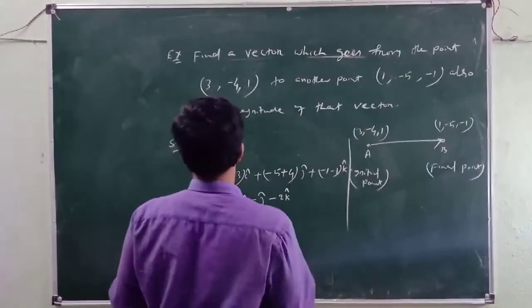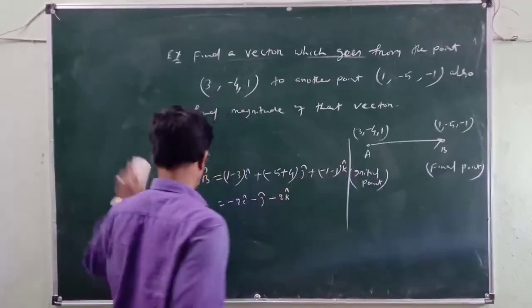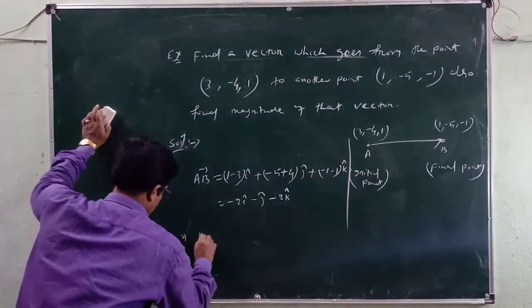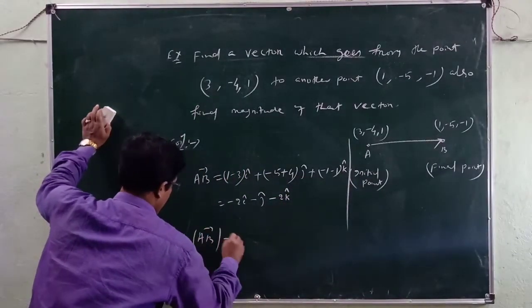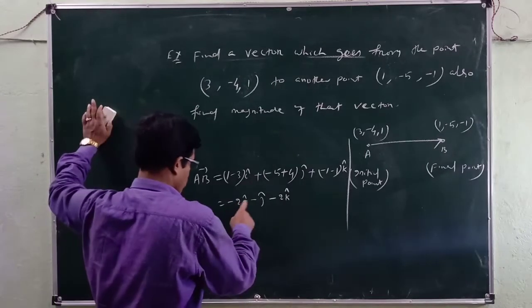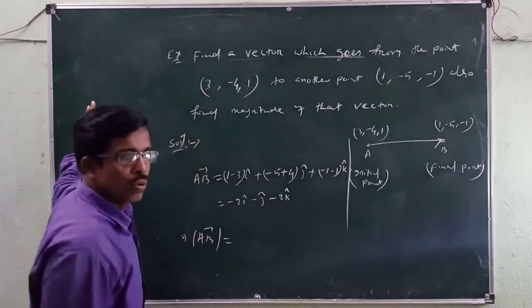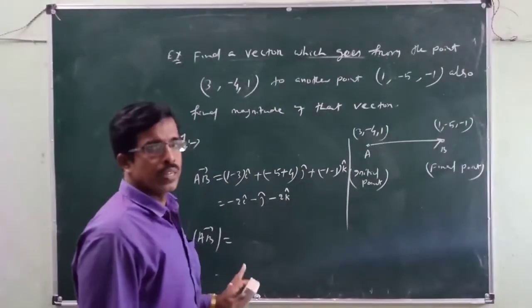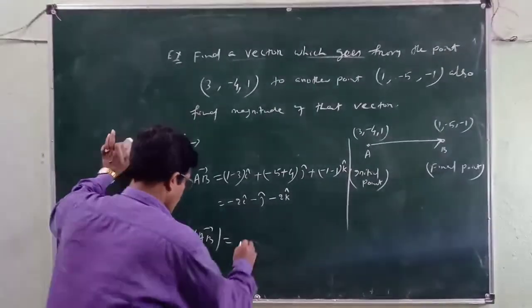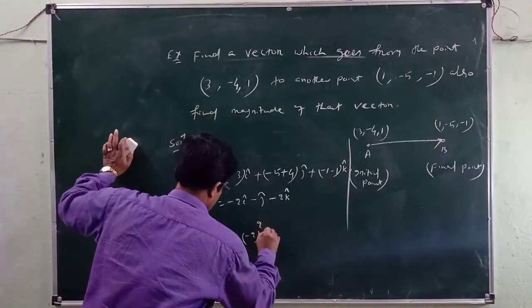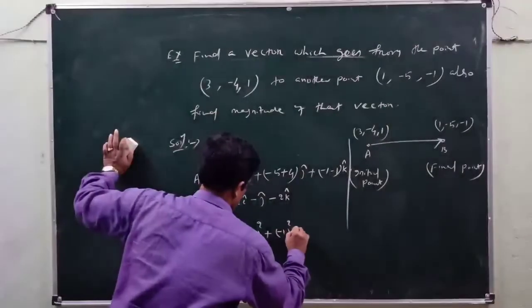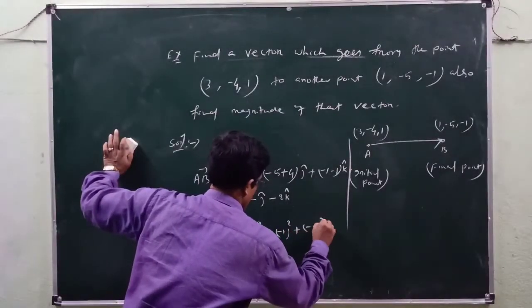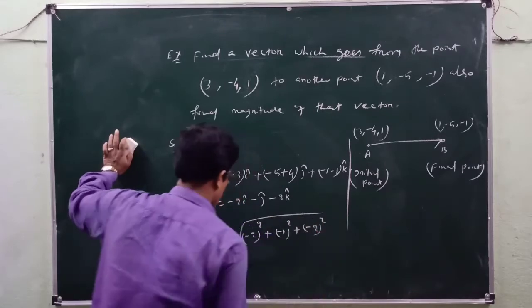Then you also find the magnitude of that vector. So the magnitude of vector AB: the scalar components are minus 2, minus 1, minus 2. You take the square sum, then take the square root.